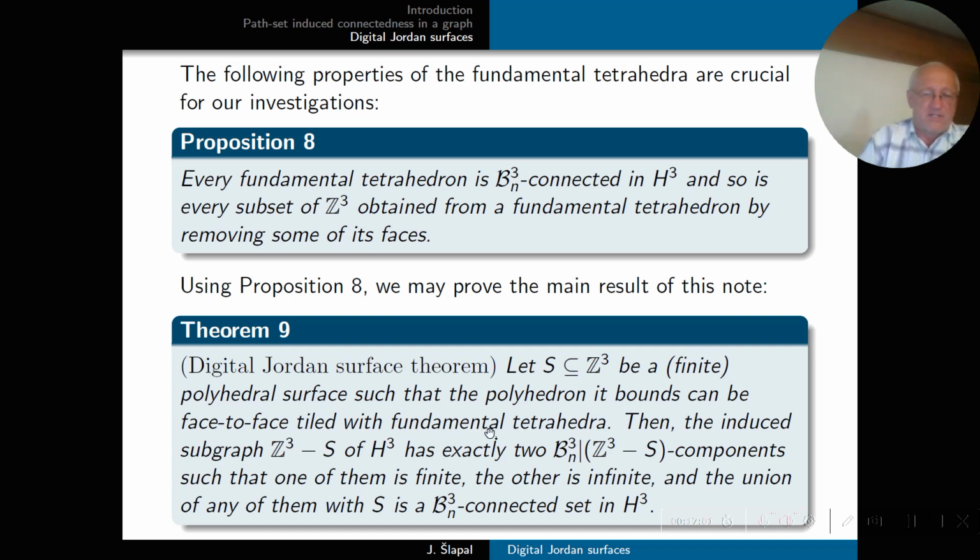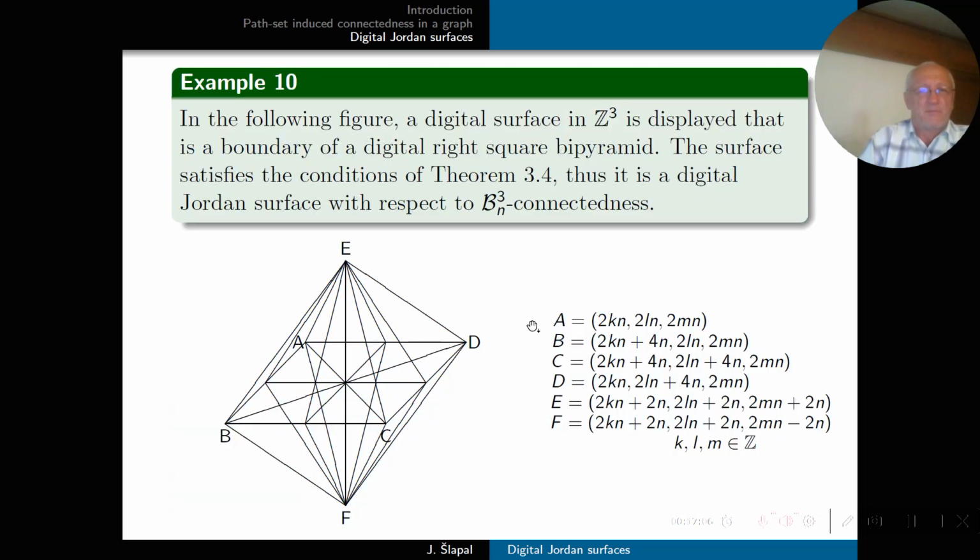It is just to demonstrate this result. We have here such a picture of a surface which is the boundary surface of a digital right square bipyramid, or octahedron if you want, and the surface satisfies the condition of the theorem. Hence, this surface of this octahedron is a Jordan surface with respect to this connectedness.